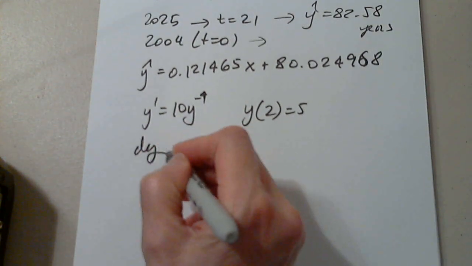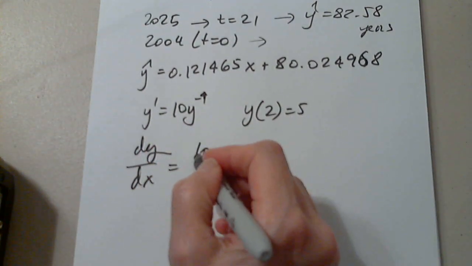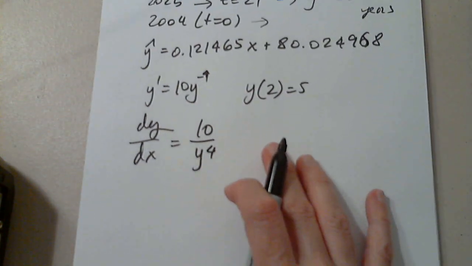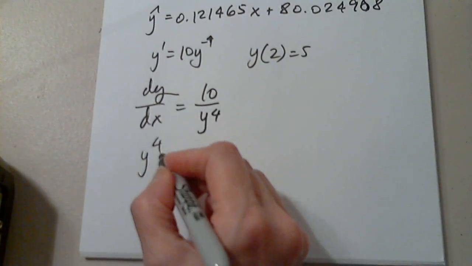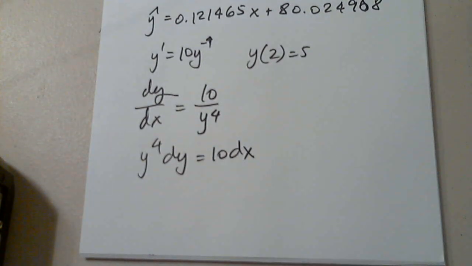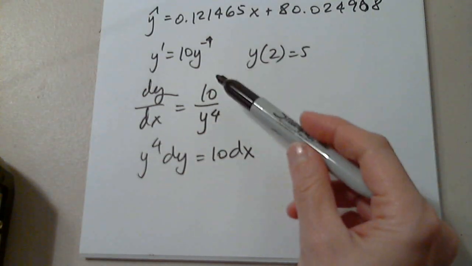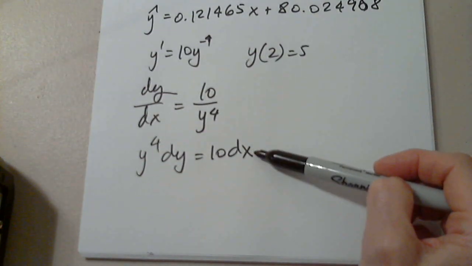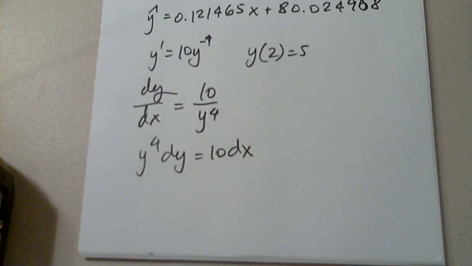So we have to write dy over dx, which is 10 divided by y to the 4th. We have to cross multiply. Is this okay so far? Do you all understand why we went through these steps? It's okay if you say no, and then I will explain again.